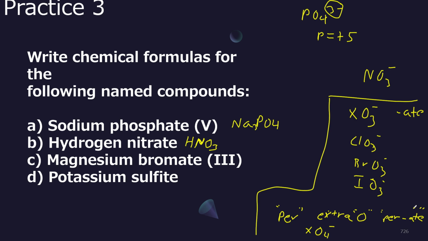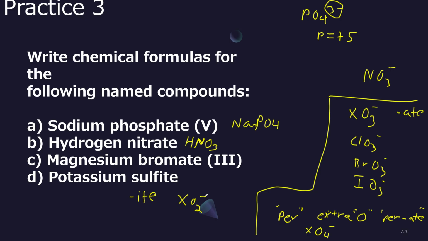But there are ite versions. These would have 2 oxygens only, so XO2-. Bromite, chlorite, iodite, fluorite.